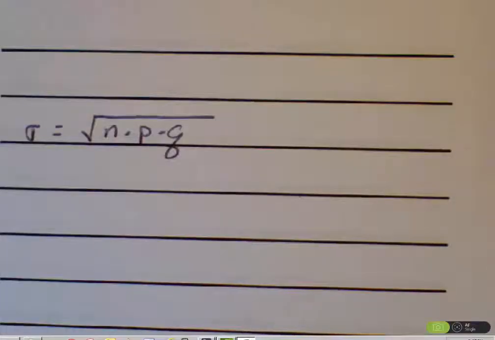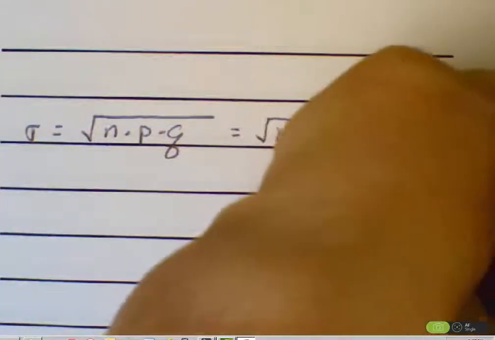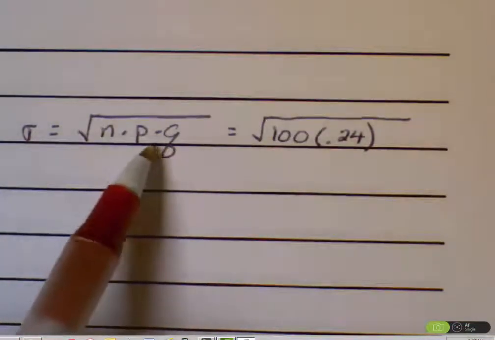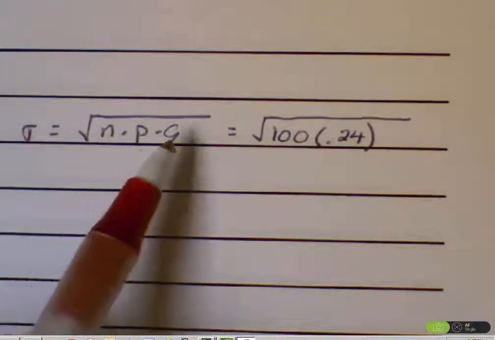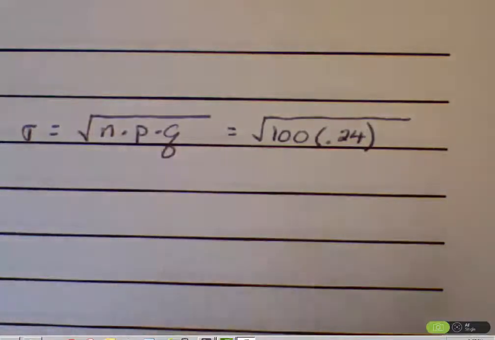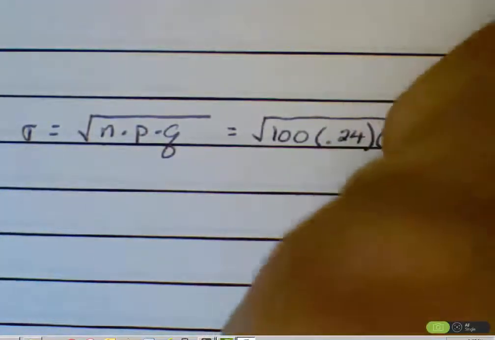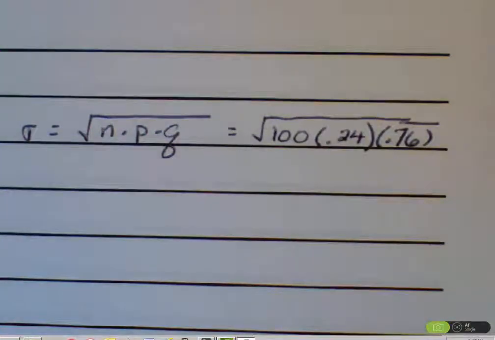The standard deviation is the square root of n times p times q. For this problem, that's the square root of n is 100, p is 0.24, and q is the complement of p. If the probability of a blue M&M is 0.24, the probability of a not blue M&M is 0.76.